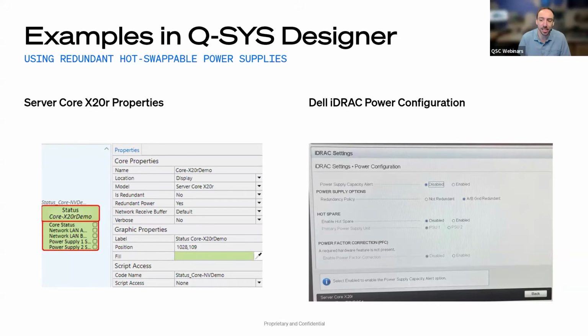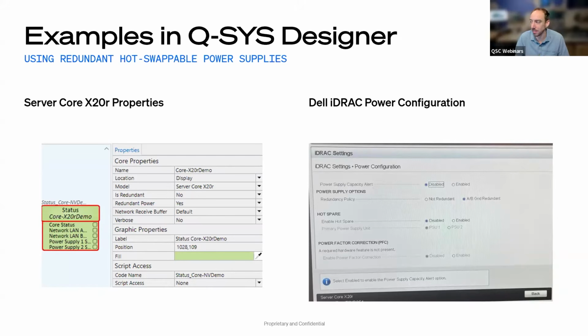IDRAC is a Dell protocol that allows IT administrators to manage and monitor server hardware and server architecture across a network. But it allows us to do other things as well, like control the configuration of those redundant power supplies. Inside of IDRAC, to set up redundancy for the core properly, you do have to go in and configure a couple settings.